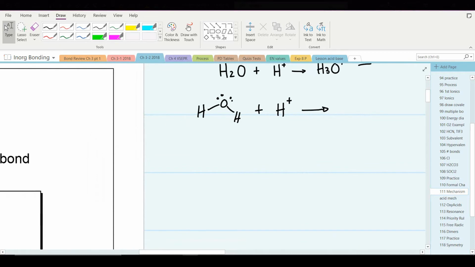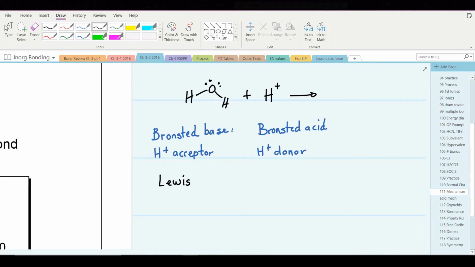We previously described Bronsted acids as proton donors and Bronsted bases as proton acceptors, but we also describe acids and bases as being Lewis acids or Lewis bases. A base is still a base by either system, but it's a different definition, a different way of thinking about it. Okay, so a Lewis base is defined as being an electron pair donor.